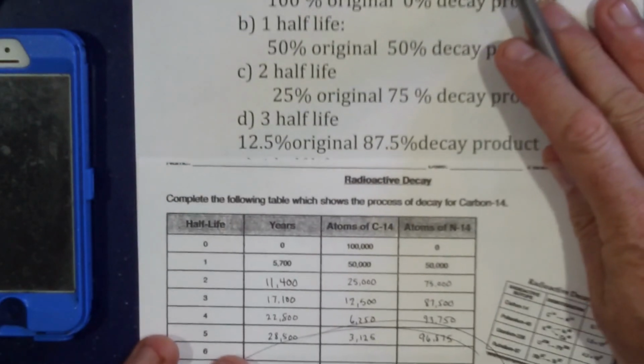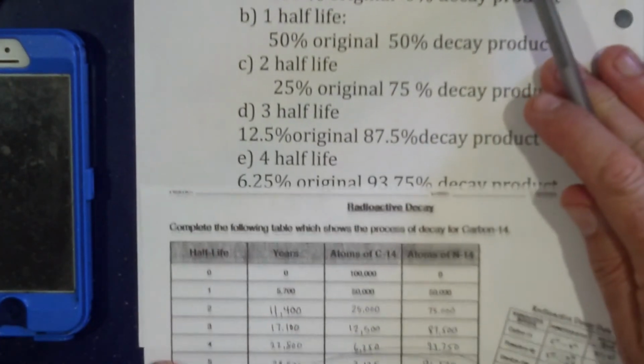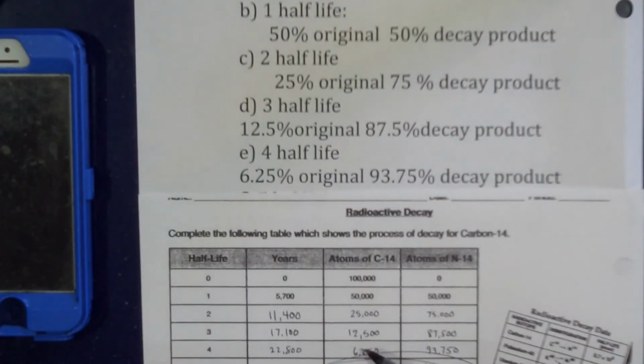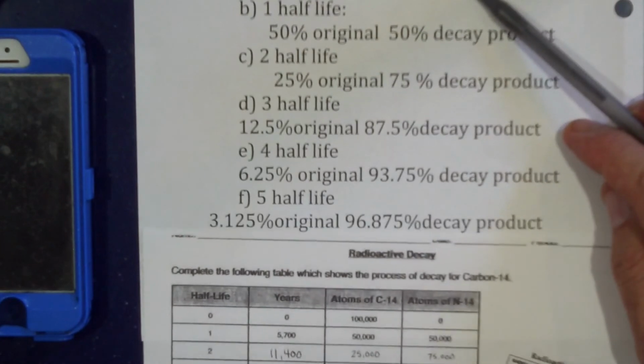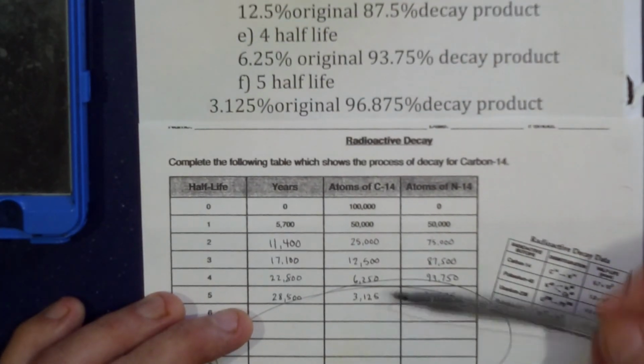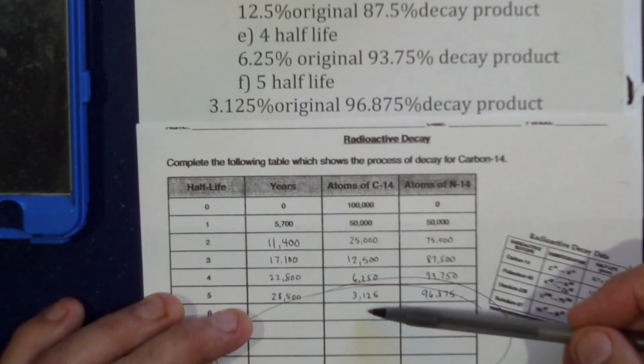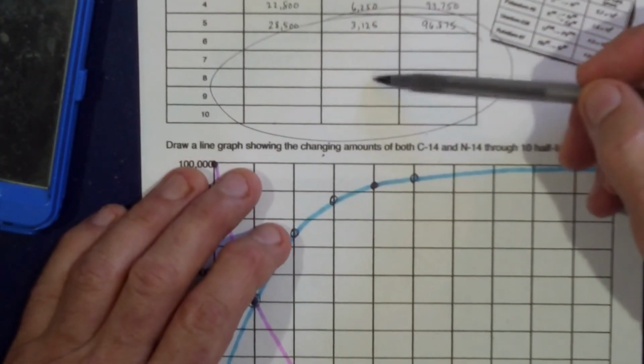After 3 half-lives, we have 12.5% of the original, 87.5% decay product. After 4 half-lives, we're at 6.25% of the original, 93.75% decay product. After 5, we'll have 3.125% of the original and 96.875% decay product. So we keep on making this half of what it has.